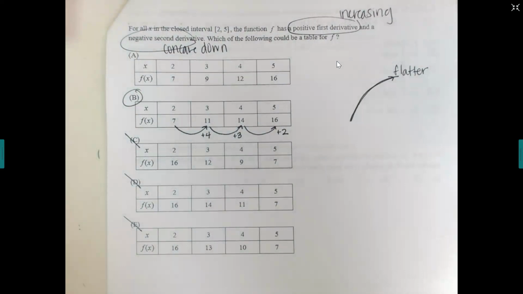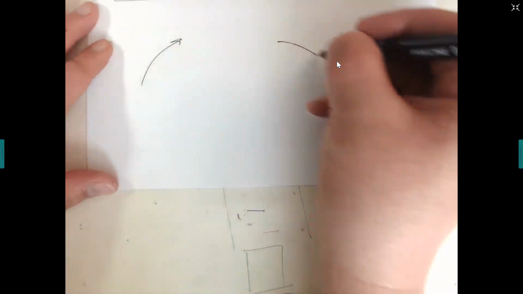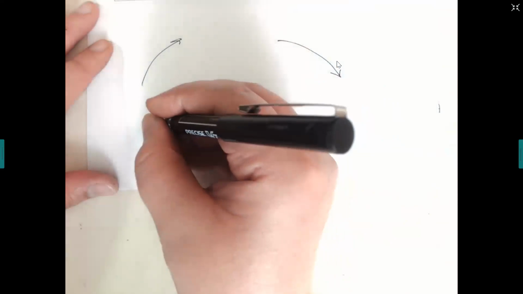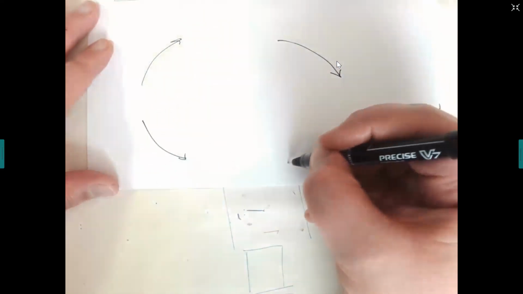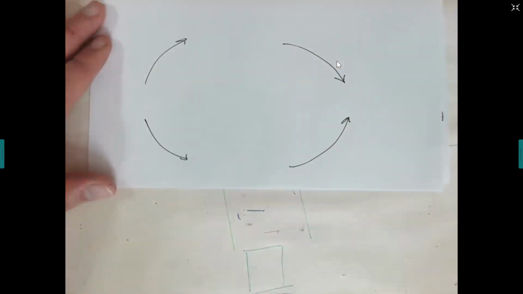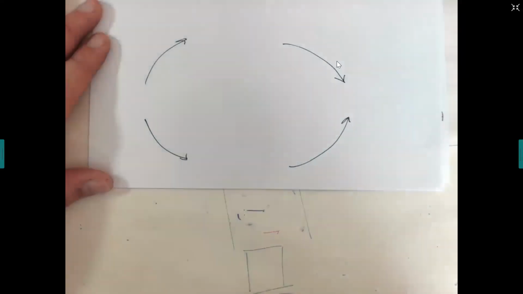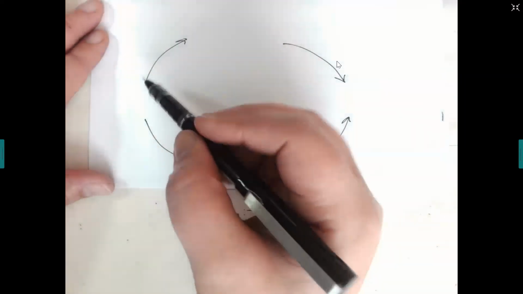I said that I can draw it right here. Draw this, and then this, and this. Okay, for the very first graph, is it getting steeper or flatter? This one right here.